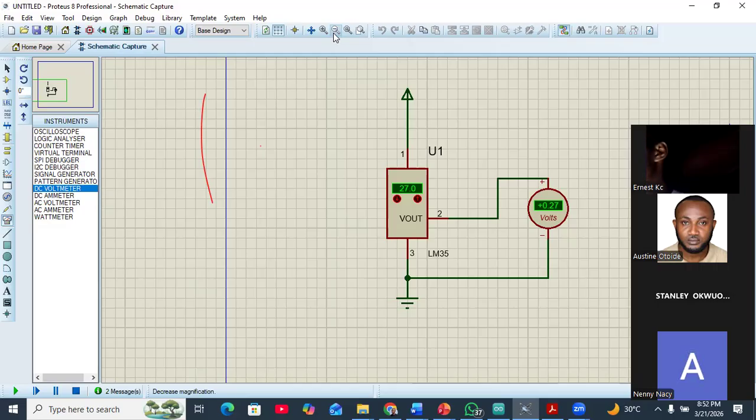Part of this course, I know that some of you in biomedical engineering, your course has something to do with instrumentation. Is that correct? Correct, sir. Good. Please pay attention.